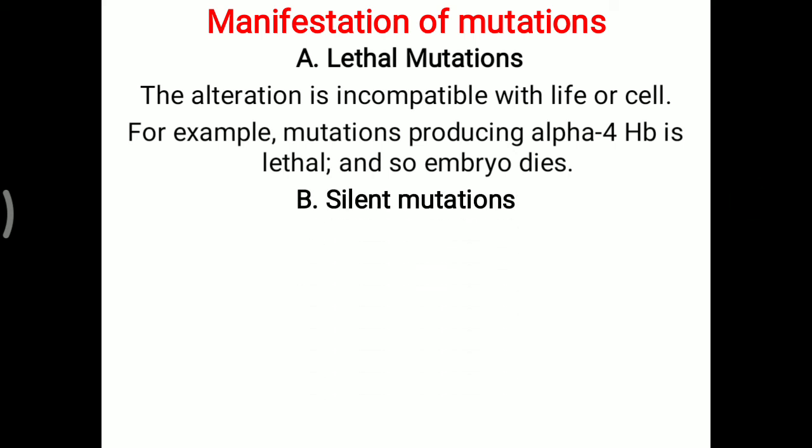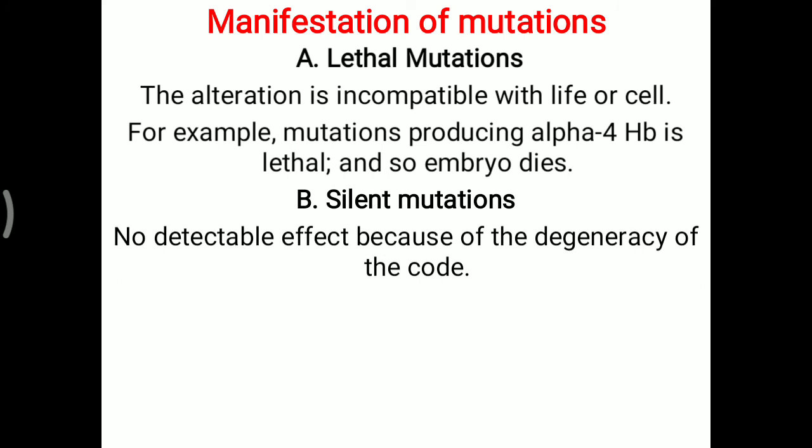Next, that is silent mutation. There is no detectable effect because of the degeneracy of the codon. If the third nucleotide is replaced, generally it does not create any effect. So that leads to a silent mutation. Simply a silent effect and an acceptable missense effect of mutation create a silent manifestation of the mutation.